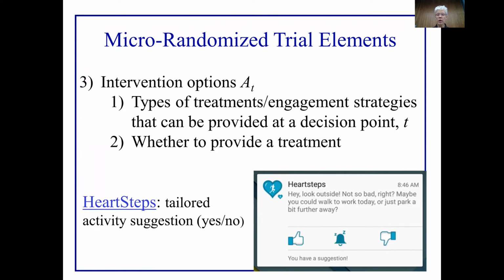And the reason we're looking at something versus nothing is that there is this potential to increase habituation. By that, I mean people eventually ignore the message. So many times we're going to decide just not to provide any intervention at all. I did list both treatments and engagement strategies.